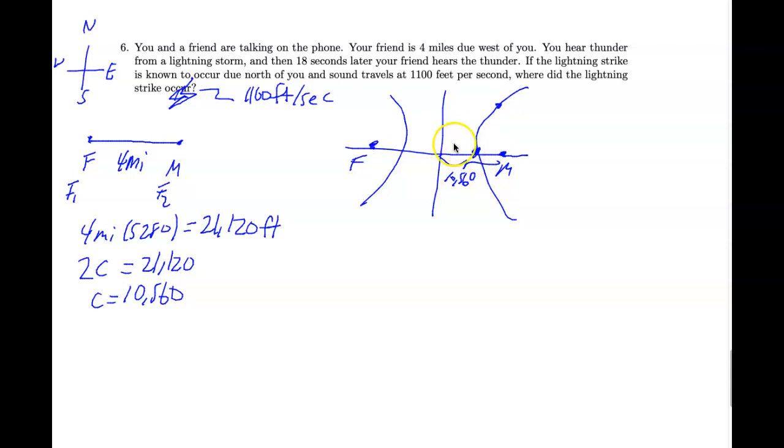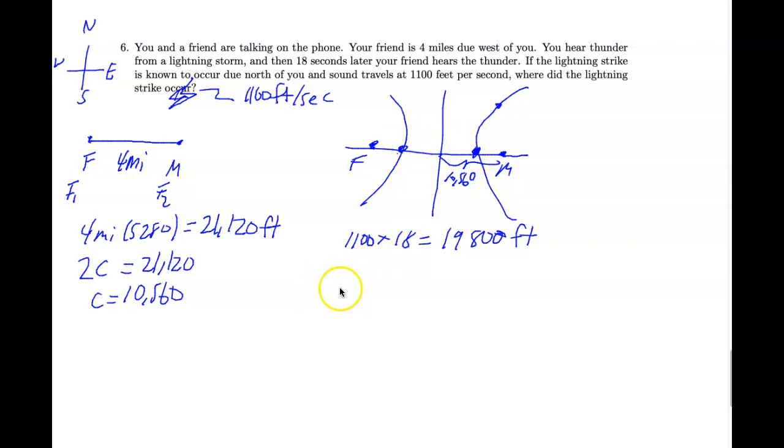If we have that lightning was heard 18 seconds later and we know how fast it travels, then 1100 feet per second times 18 is going to give us 19,800 feet. This is the distance between the vertices on the branches.